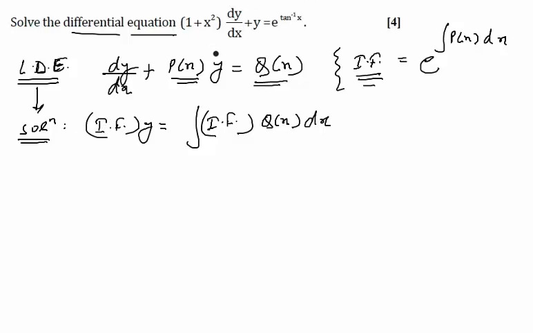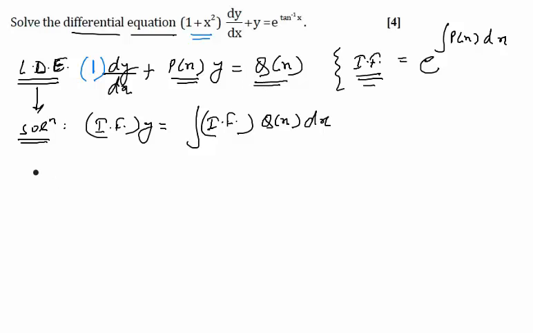In our question, as we see that this is not exactly given in the linear differential equation form, because the coefficient of dy by dx in standard form is equal to 1, but we have 1 plus x square as our coefficient, right? So first thing that we do is we divide the expression by 1 plus x square.